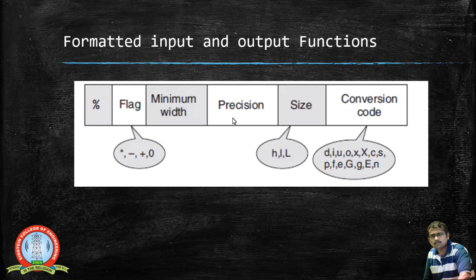The precision is used with floating point numbers to specify the number of digits of precision, and then there is the size, which is also an optional field. And similarly we have the conversion codes like d, i, u that we normally use for an integer and an unsigned integer, o for octal, etc.